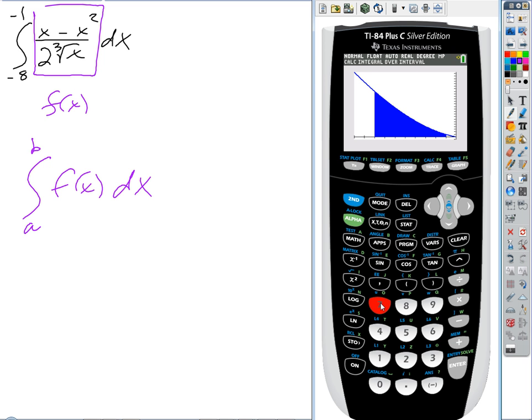So if I go 7, lower limit, if I do -1, and upper limit -8, it's thinking. And it gives me a negative area, which it should do, because I added positive area up backwards, which makes it negative. Remember our sign convention?